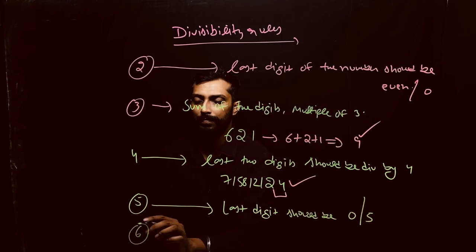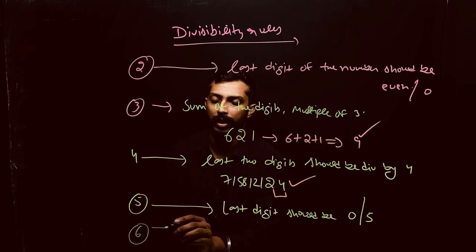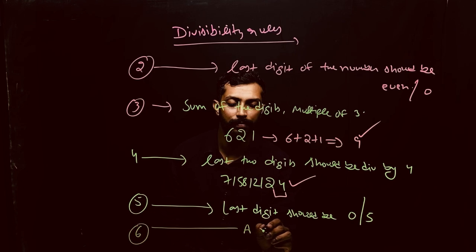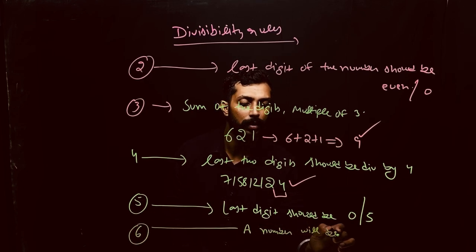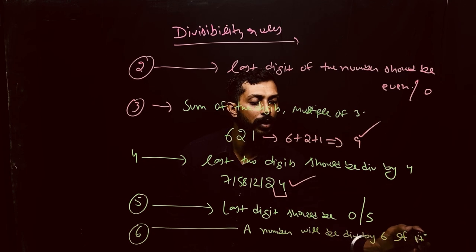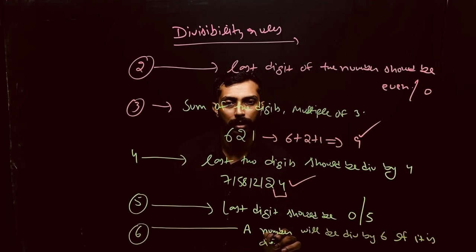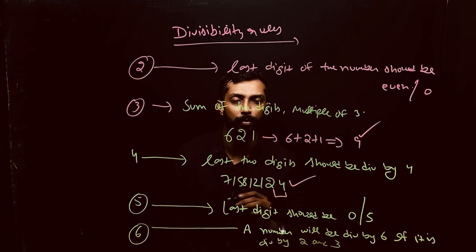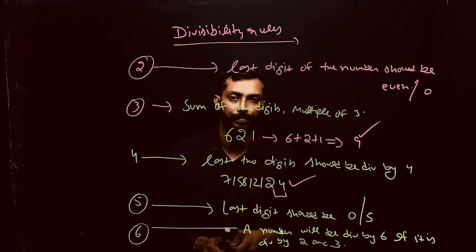For 6, a number will be divisible by 6 if it is divisible by both 2 and 3. We'll understand this with an example.